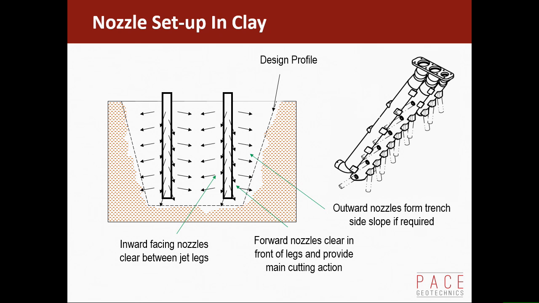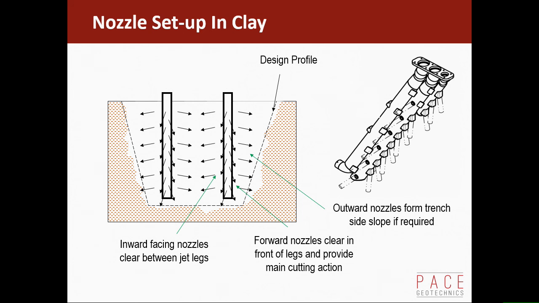And this is the sort of thing we look at when we're designing a trencher for sand or engineering for a particular job. You've got the main jet legs there. There's always two jet legs in the pipeline, and they're clearing a path for the jet legs to go through.